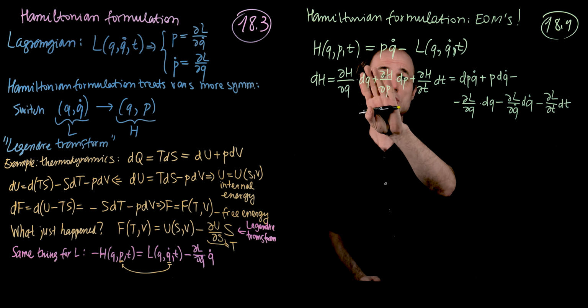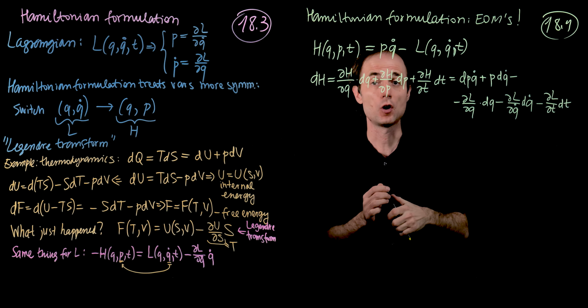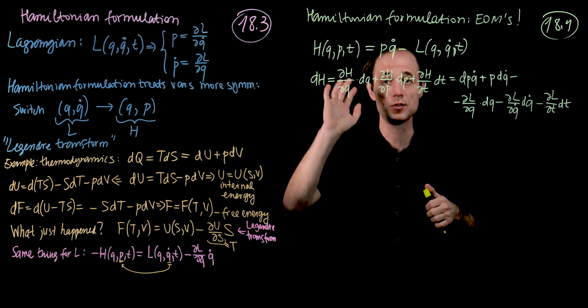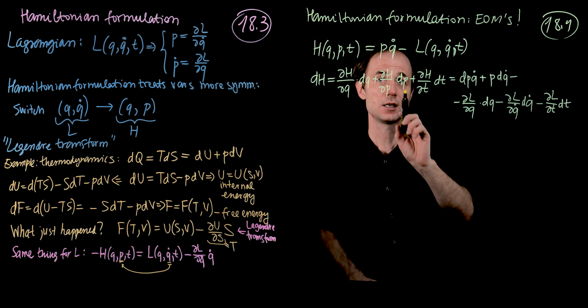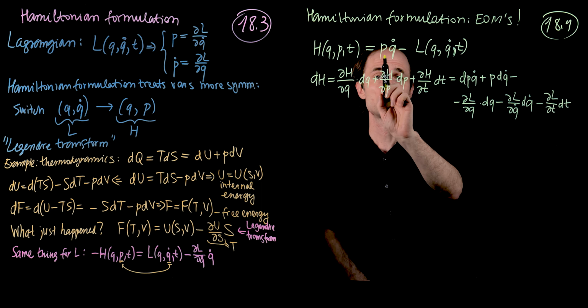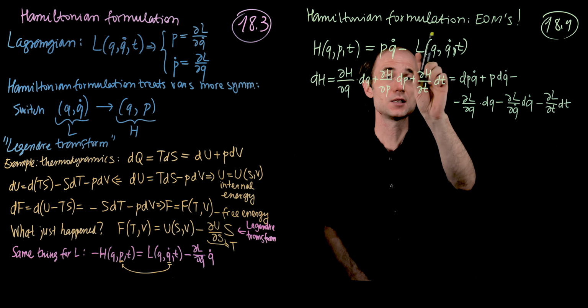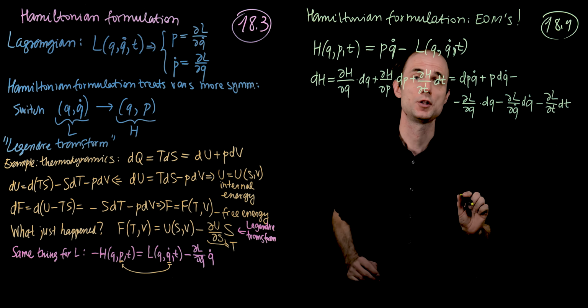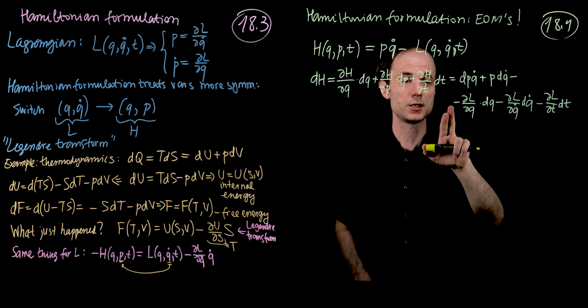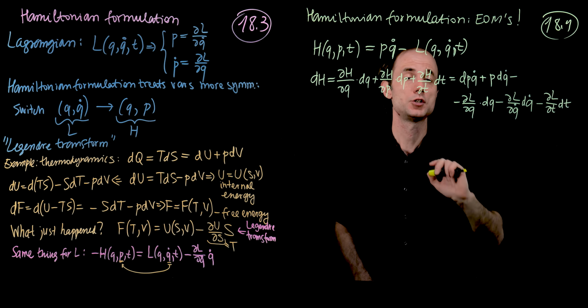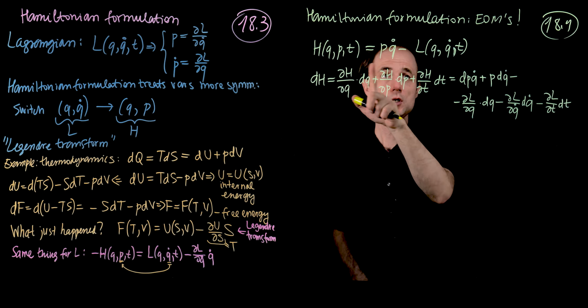And on the other hand, we can do exactly the same thing. We can take the differential of the right-hand side of this equation, and we're going to get dP times q̇ plus P times dq̇ minus the same exact thing as what we did with the Hamiltonian, but with a minus sign, and with different variables. Instead of P, we're going to have q̇.